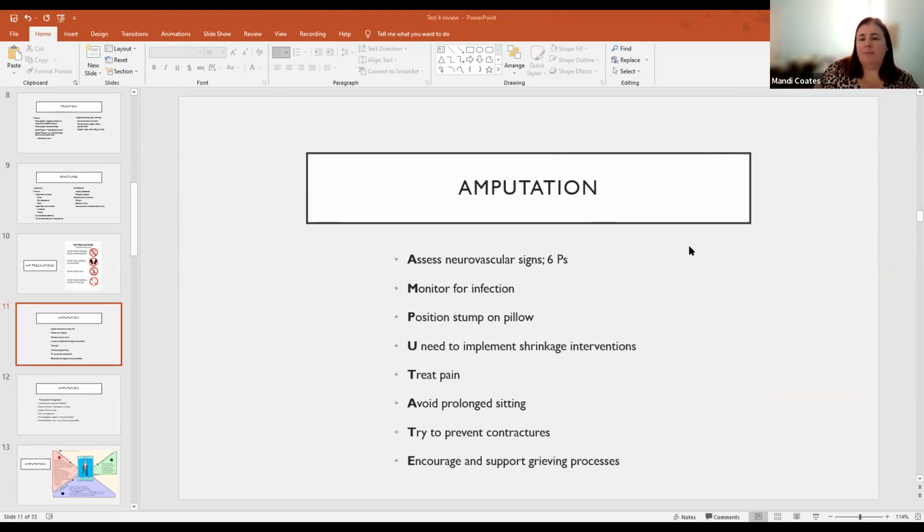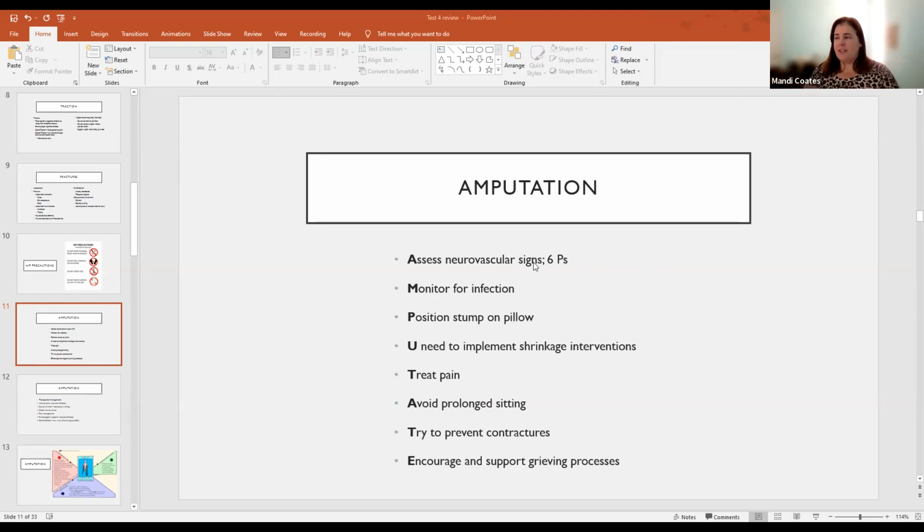Amputation, little acronym here. Again, we're going to monitor for circulation, we're watching for infections. We're going to position that stump onto the pillow. And don't forget that we need to lie them prone. So starting 24 hours, we need to make sure that they are lying prone for those lower extremity amputations.